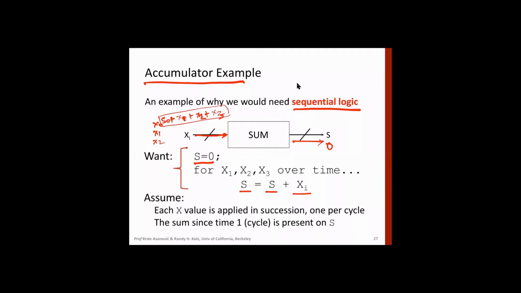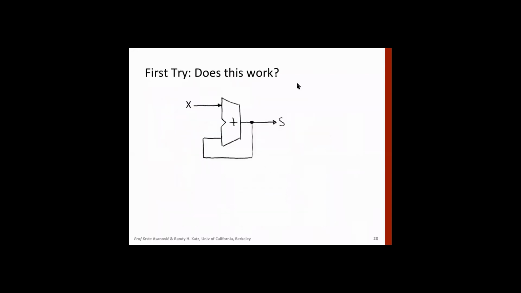All right, and each x value is applied in succession, one per cycle. So each cycle we are doing this addition of bits, right? Now, can we have a design like this? This is x coming in. This is s.